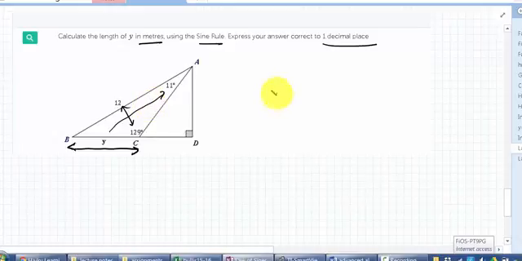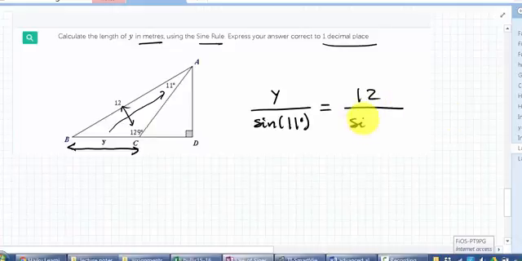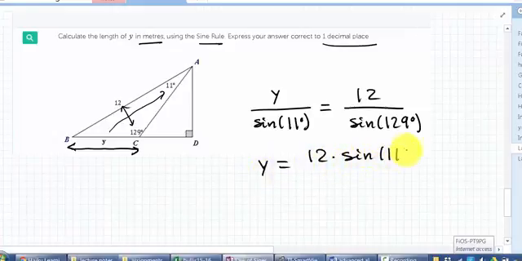So you write y over the sine of, well, the opposite angle is 11 degrees, and that is supposed to be equal to 12 over the sine of 129 degrees. So y is equal to 12 times sine 11 degrees divided by the sine of 129 degrees.